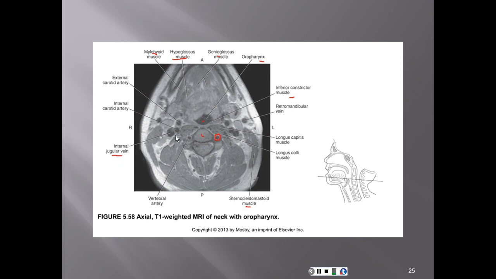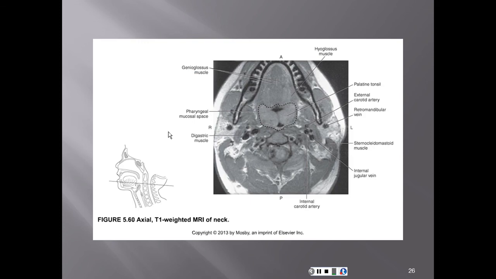Internal jugular vein. So we have the internal jugular vein, and we know where the internal carotid artery and external carotid artery are, and we know that the vagus nerve is right inside of this fascial plane. So you want to identify the pharyngeal mucosal space. They outlined it for you, the pharyngeal mucosal space and the carotid artery and the jugular.